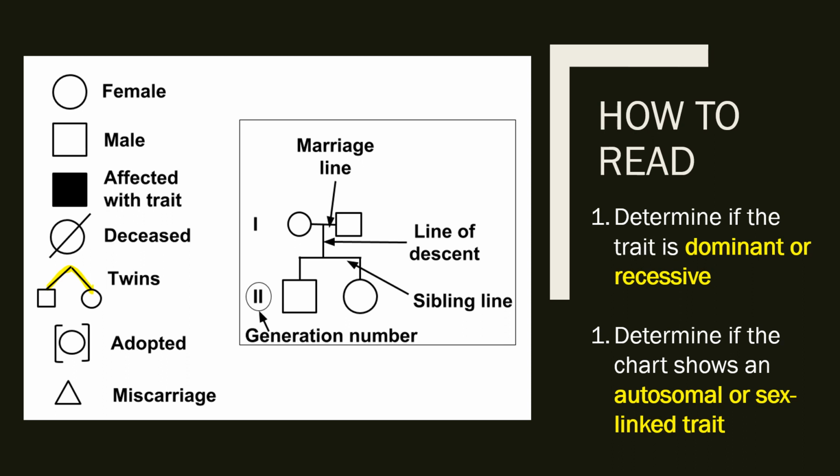We then determine if that chart shows an autosomal trait, meaning a trait carried by one of those 22 pairs of chromosomes, or if it is sex-linked, meaning that trait is carried on the X or the Y. Usually that information is given to you just in background information, but every once in a while you can come across different questions that ask you to conclude whether or not that trait is dominant, recessive, X-linked, or autosomal.